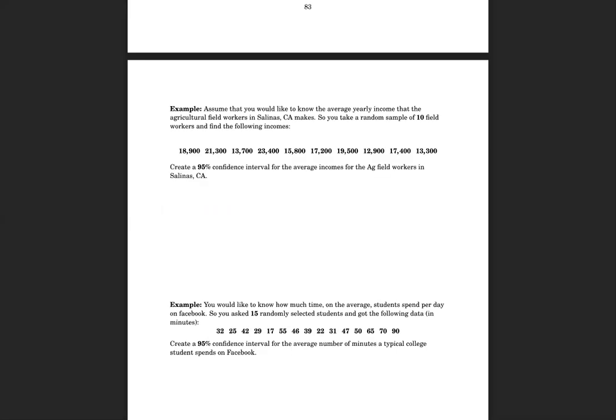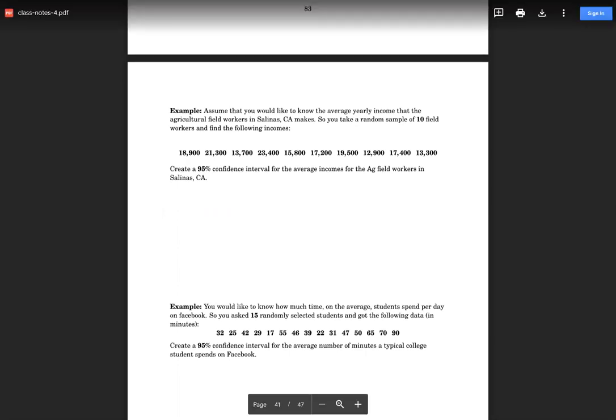All right, so today's objective is to cover two things. Number one is we're going to create confidence interval when sigma unknown. That means we don't know sigma. And number two, we are going to cover confidence interval for standard deviation.